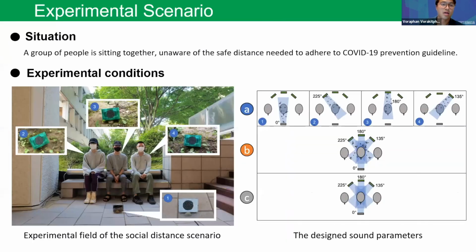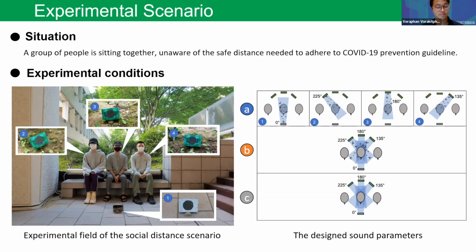And here is an experimental scenario. We imitate a group of people sitting together while they are unaware of the safe distance they need to keep to adhere to COVID-19 prevention.